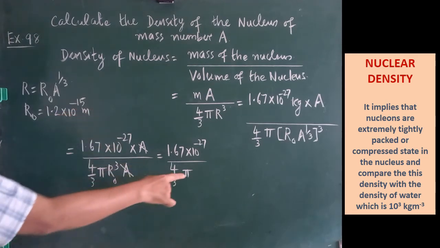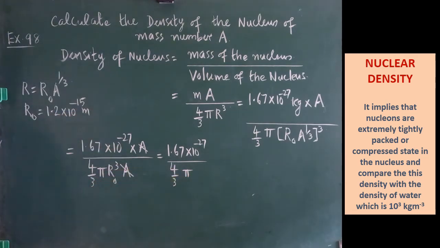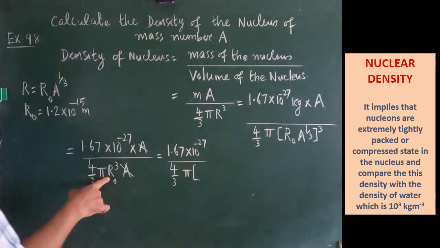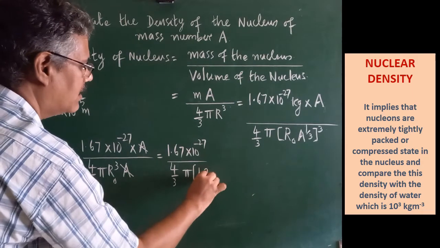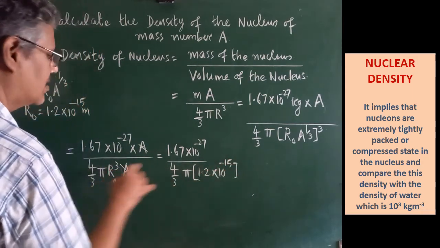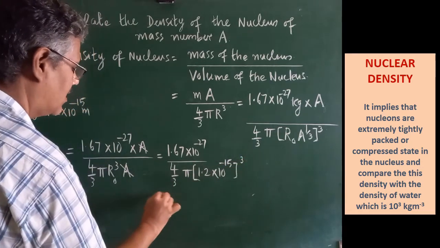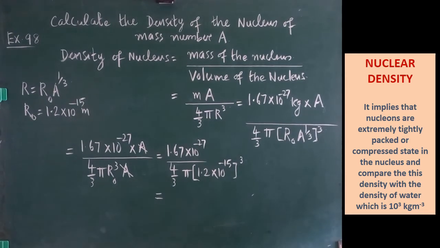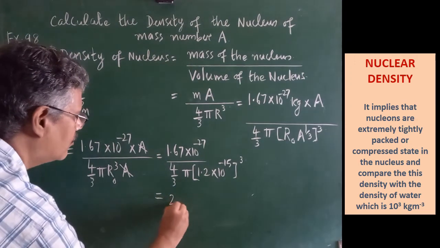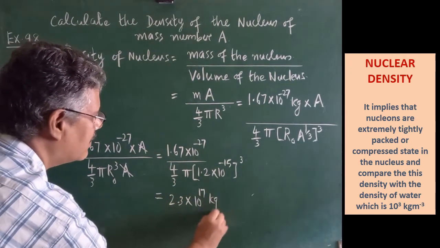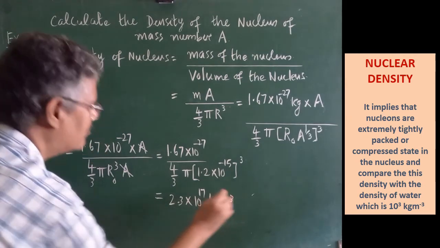So R naught is substituted within the bracket: 1.2 into 10 to the power of minus 15, the whole cubed. Now after calculation, you will get the final answer: 2.3 into 10 to the power of 17 kg per meter cube.